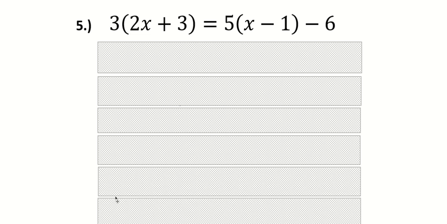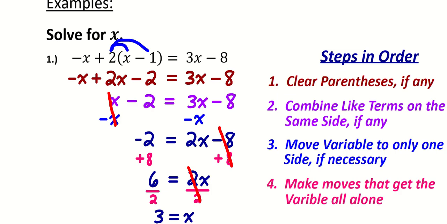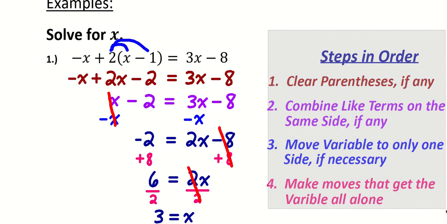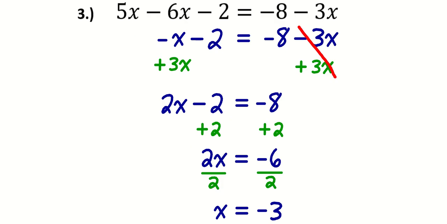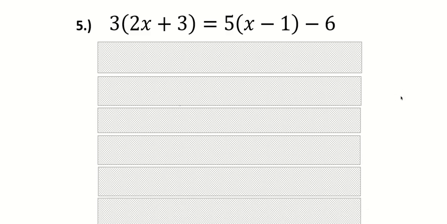Alright, so what do you think we're going to do first? Remember, going back to these steps that hopefully you wrote down, and you're going to follow religiously. Isn't there parentheses that need cleared? We need to clear these parentheses on the left side, and then we also need to clear those parentheses.